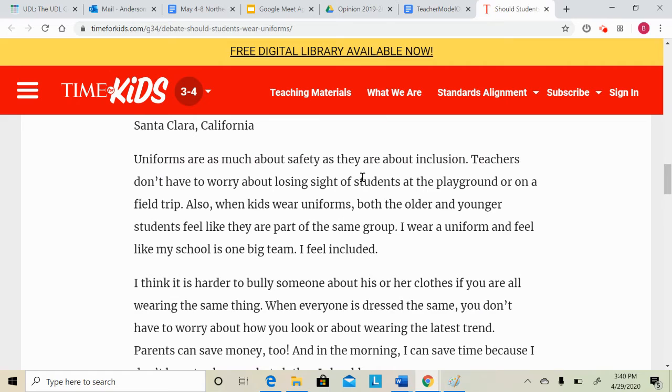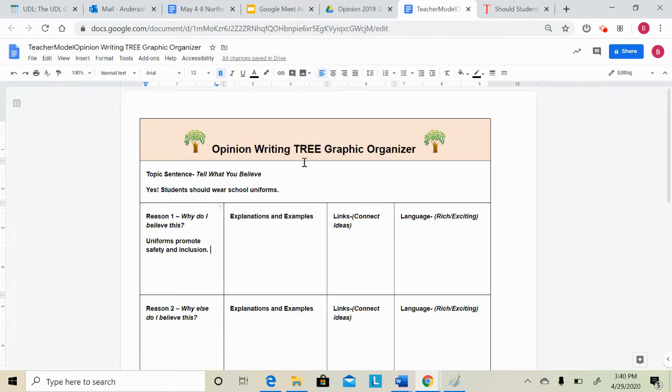So she gave an explanation, an example for this. Her example of this is for safety. She said teachers don't have to worry about losing sight of students on the playground. So we would go in right here and say, for example, teachers do not have to worry about losing sight of students on the playground.